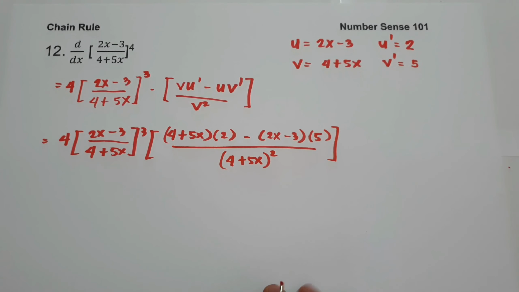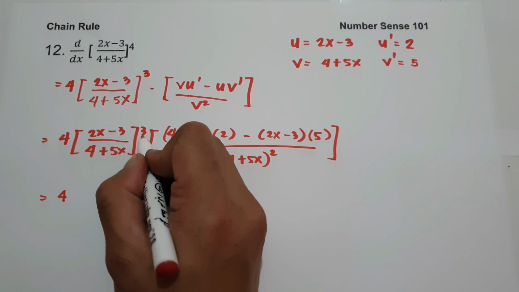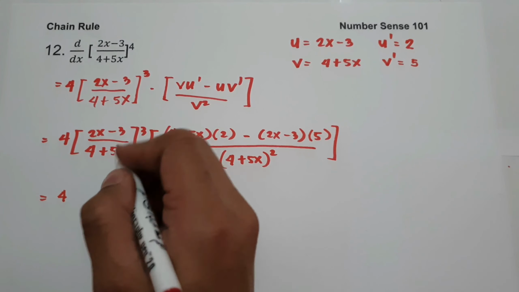Then to simplify, let us have 4, and let us distribute the exponent on the numerator and denominator.